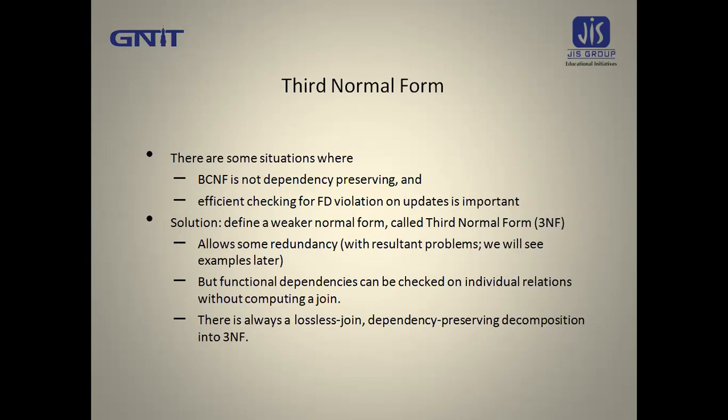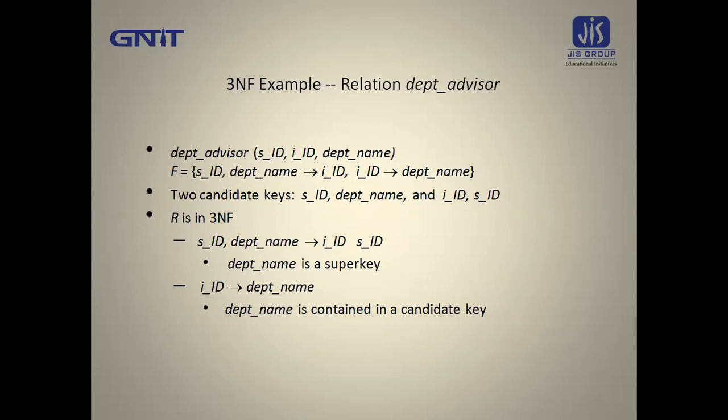Now, if we want to test whether a given relation is in 3NF or not, let's take this example. The relation name here is department advisor, having three attributes: SID, IID, and department name. And the functional dependencies: SID, department name implies IID; IID implies department name.